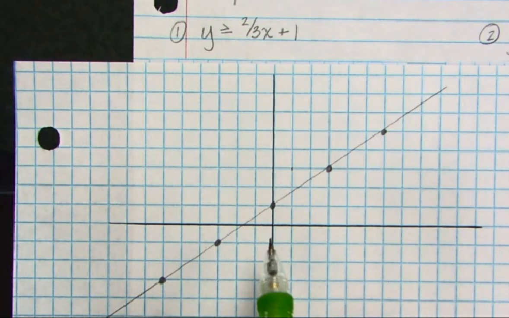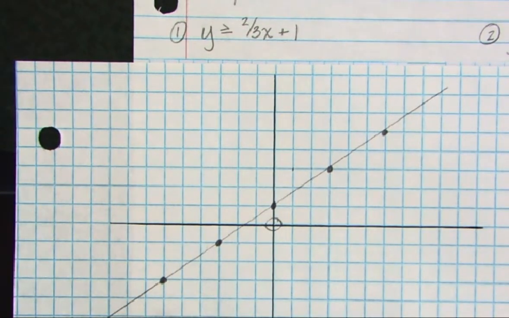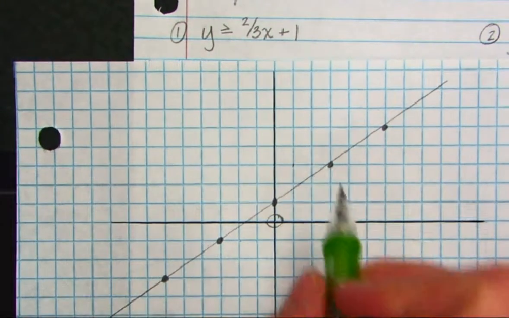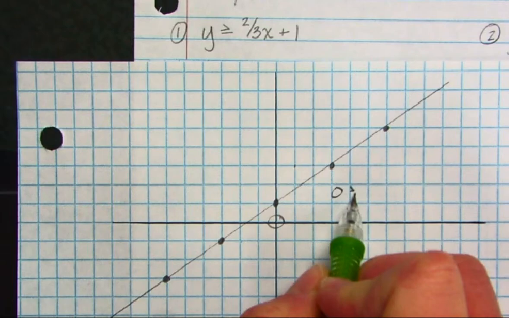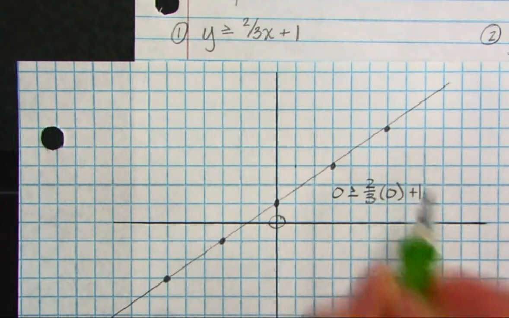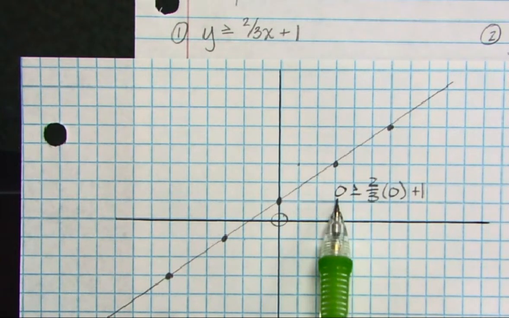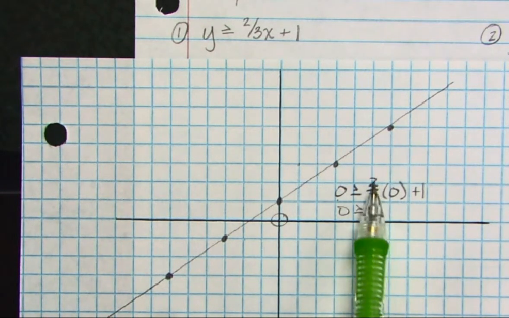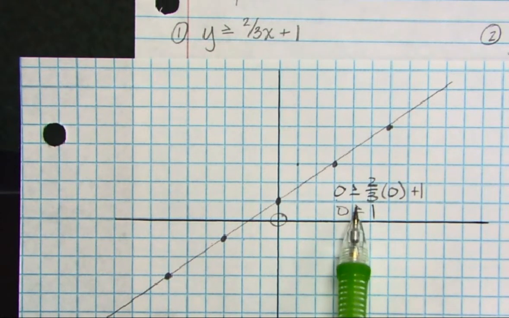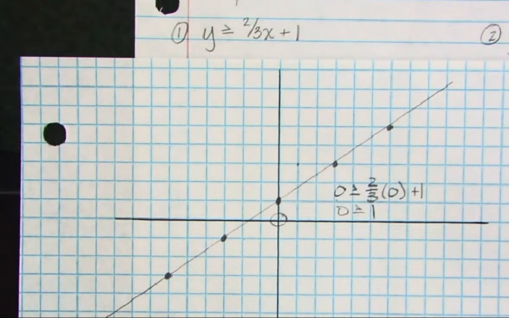If I use the ordered pair 0, 0, that's right there, and I plug it into this equation, I have 0 is greater than or equal to 2/3 times 0 plus 1. 2/3 times 0 is 0, 0 plus 1 is 1. Is 0 greater than or equal to 1?